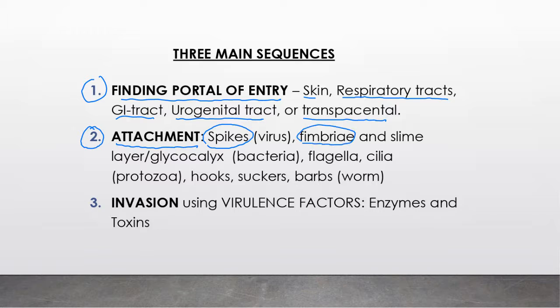Some of them may use the slime layer or glycocalyx. Some protozoa usually use flagella and cilia. Worms have special structures to attach, which are hooks, suckers, or barbs. So these are the attachment structures of microbes.